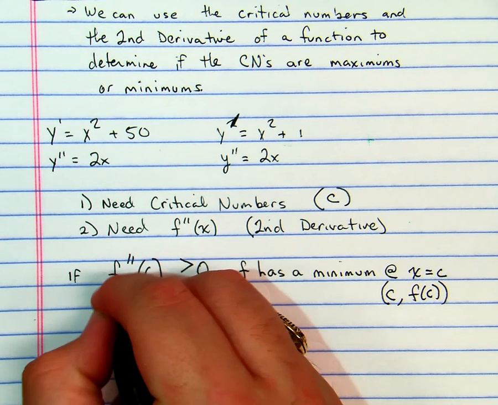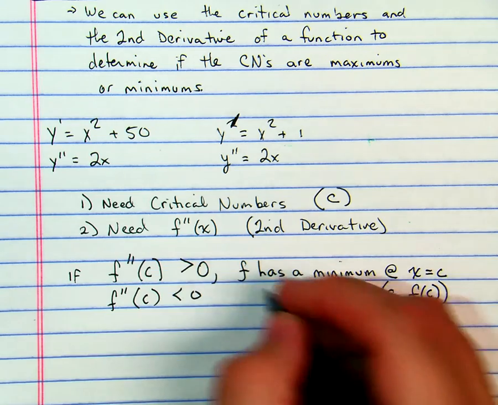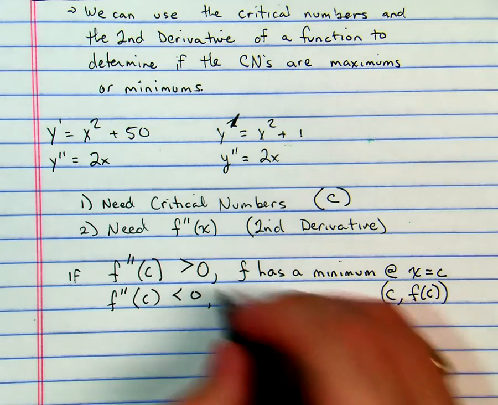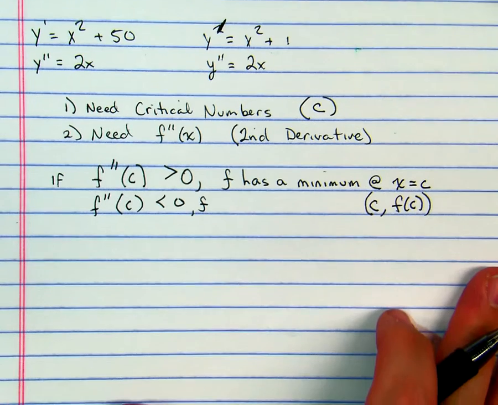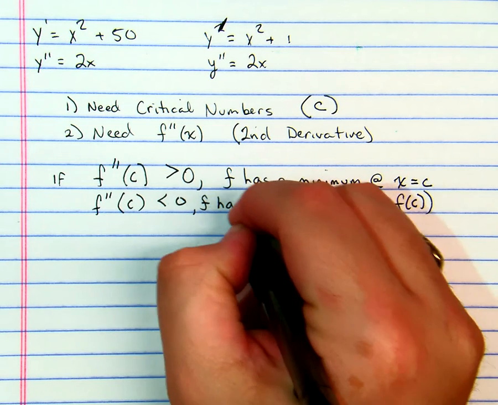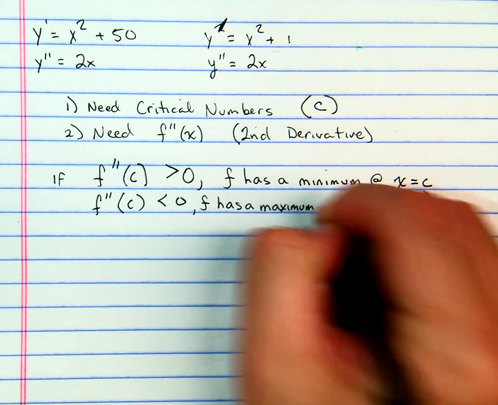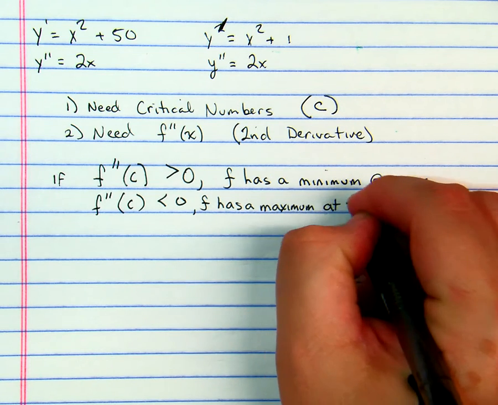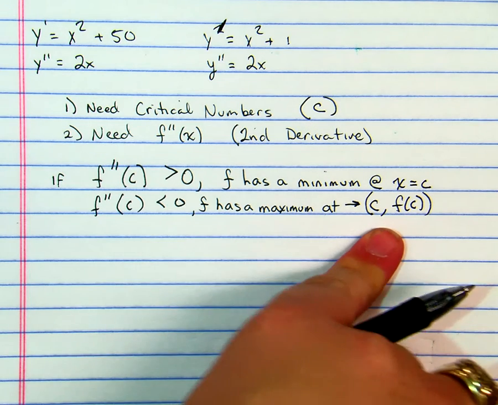If f double prime of c is less than 0, what do you think it has? Yeah, f has a maximum. So that would be the point, if we're looking at a critical value.